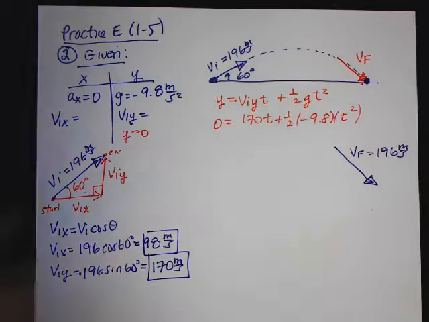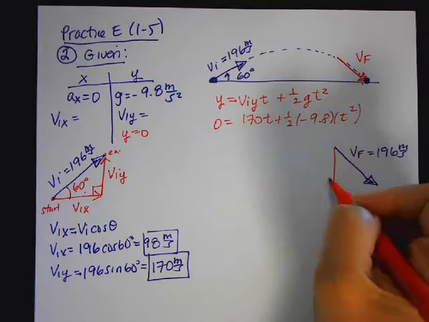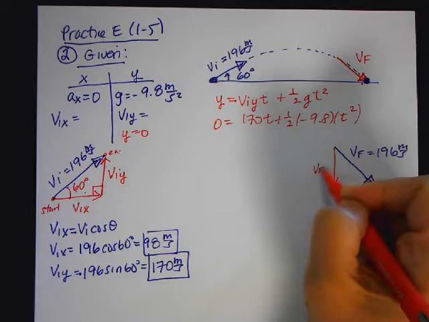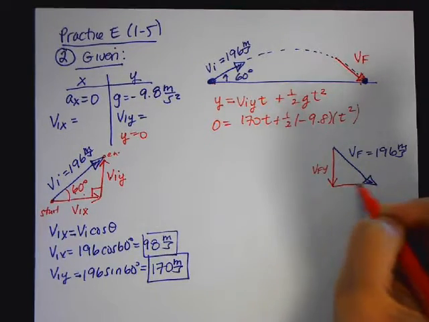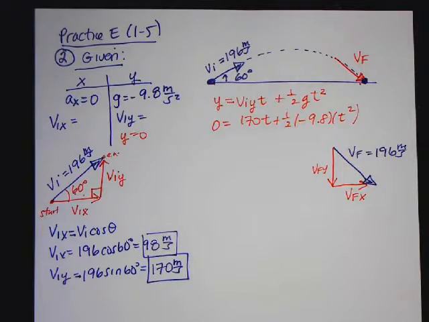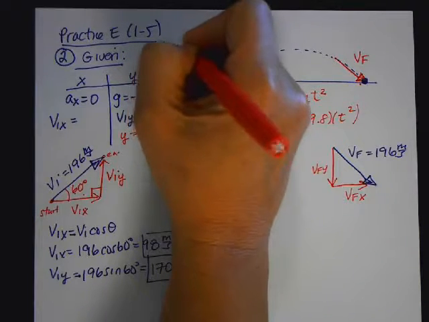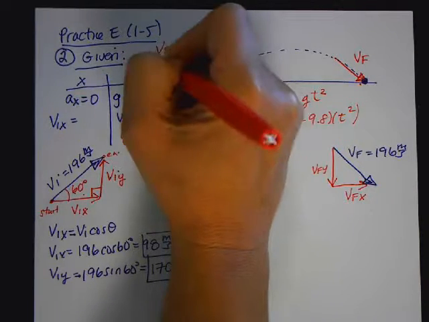But when I look at my components, this is where I start. So this is VFY. From the head of the other vector, I do the tail of the other. This is VFX. Now remember that there's no horizontal acceleration. So we know that the horizontal component of the velocity is constant. So we know that VFX is equal to VIX, and that's a constant.